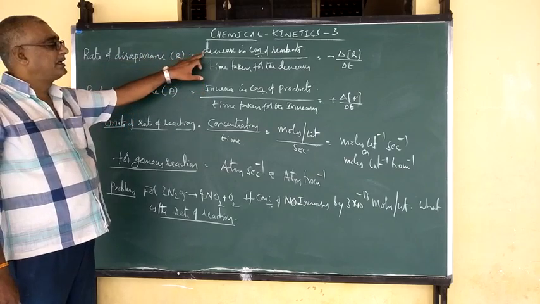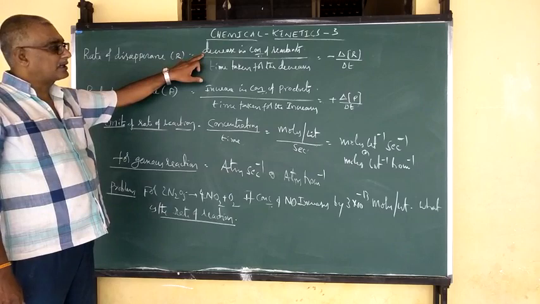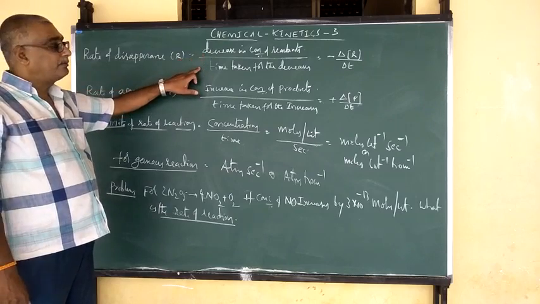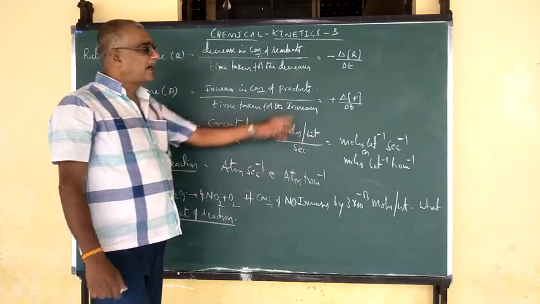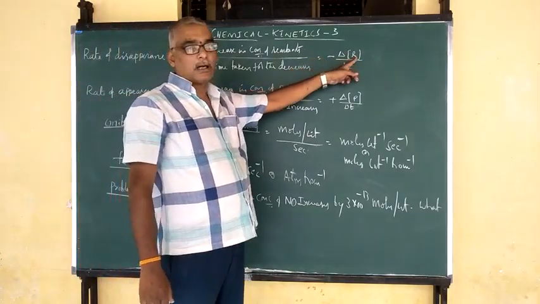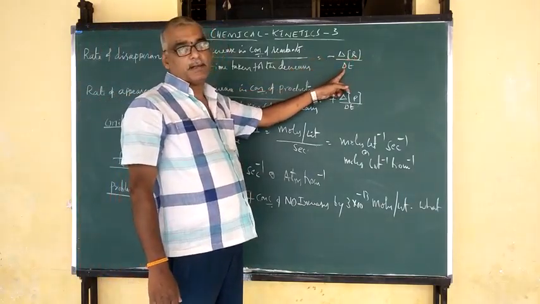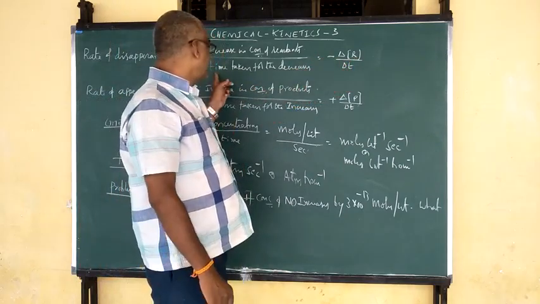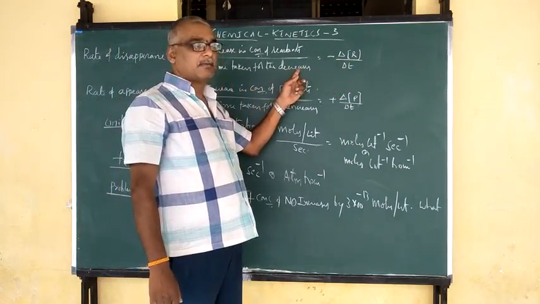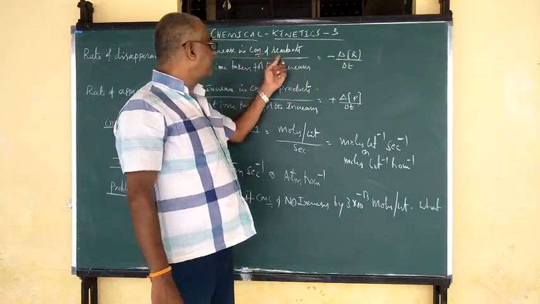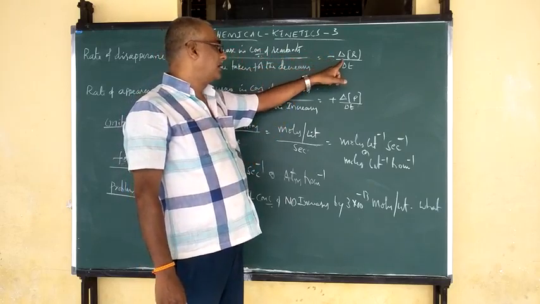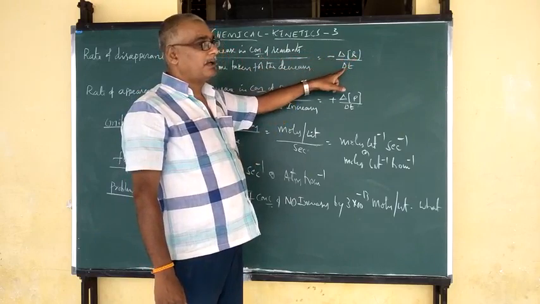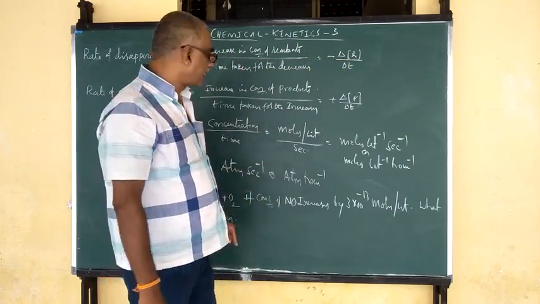So the decrease in the concentration of reactants divided by the time taken is equal to minus delta [R] divided by delta t. Delta t means the time taken for the decrease. Why minus? Because the concentration of reactants decreases. Therefore, minus delta [R] divided by dt.